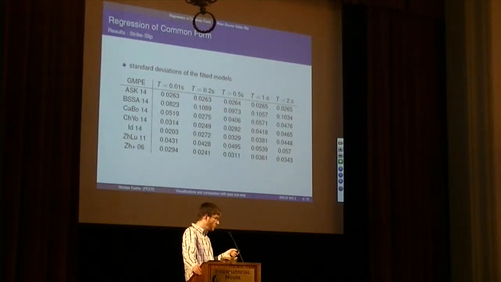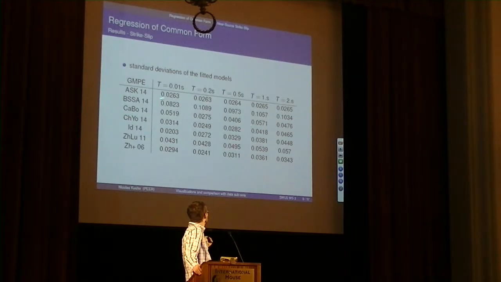All right. So now I'm going through all of these 7 GMPEs and showing you the residuals. These are the standard deviations of the residuals of the fit. As you can see, they're generally pretty small.